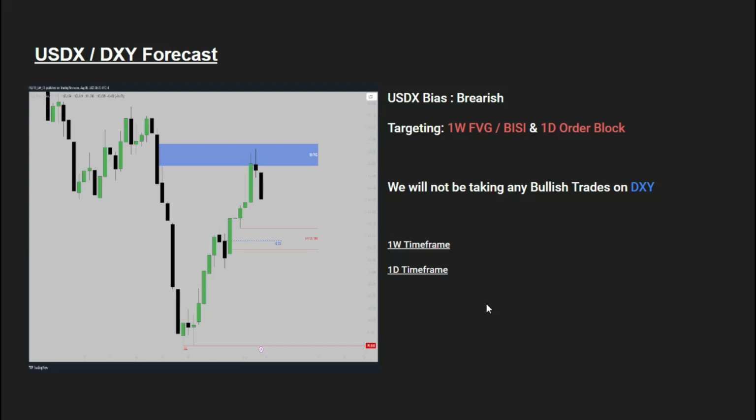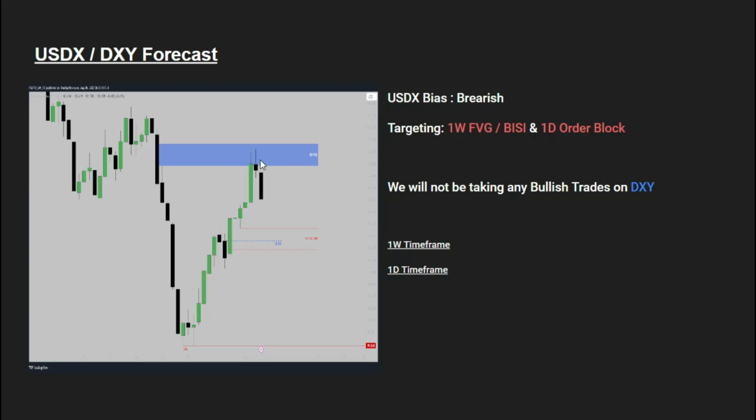Right. So first of all, before I analyze or come to a bias with any symbol or pair that I am trading, whether it be S&P 500, Nasdaq, EUR/USD or GBP/USD, first we identify the dollar index, or the DXY, because it's heavily correlated with the symbols.